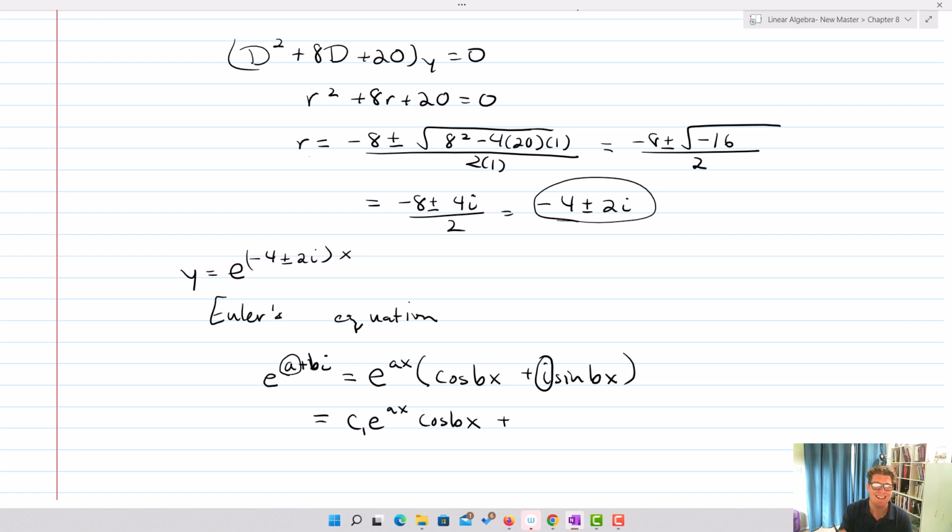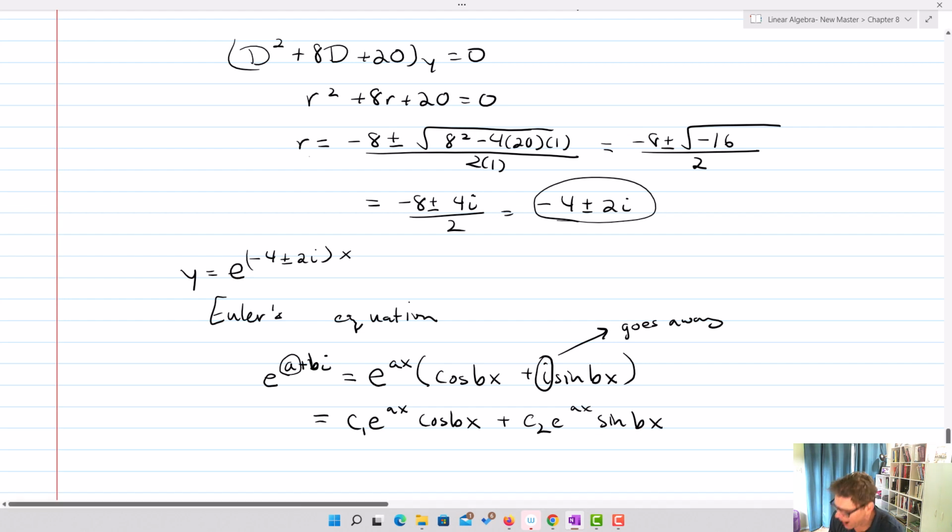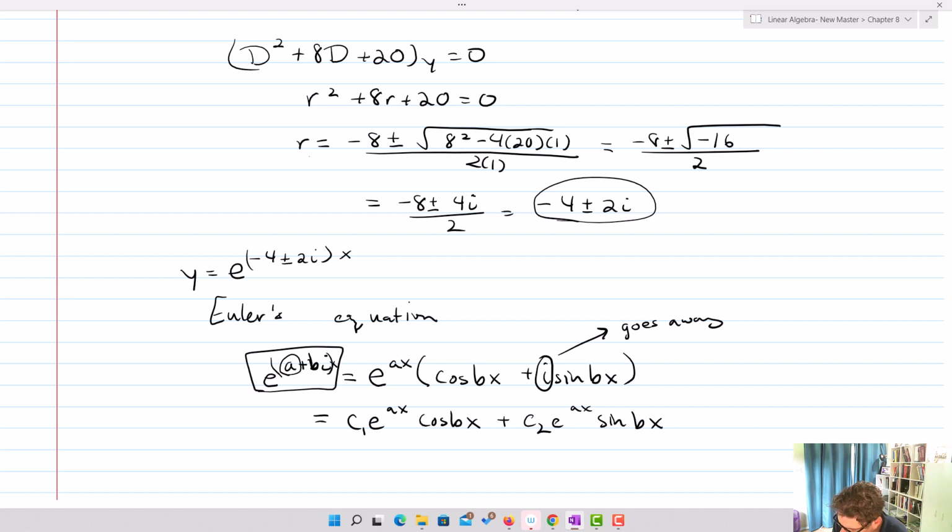So if I basically just multiply by i, or it's not really multiplying by i, you actually end up subtracting out the sine values, we can drop the i and end up with a real valued solution, which is what we want. We don't want the complex one, we want the real one. So the i goes away, and we're left with c2 e to the ax sine bx. And those are the two solutions that we'll get if we have something of the form e to the a plus bi x.